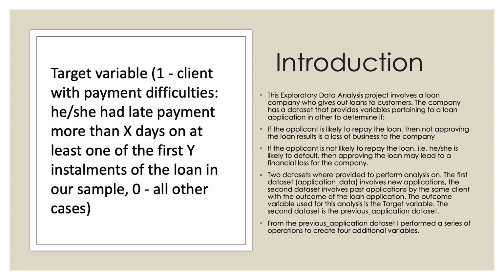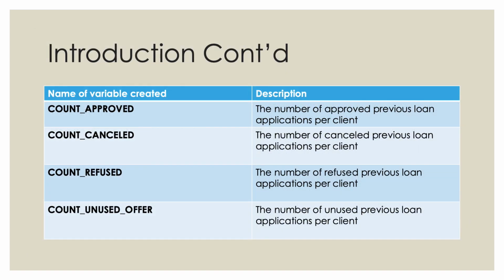Basically, I combined both data sets, but before I combined them, I had to filter out important variables and create new variables that I'd need from the previous data set. The previous data set already had loan applications that have gotten to the final stage: approved, cancelled, refused, unused. I felt those variables would be very good for my analysis.